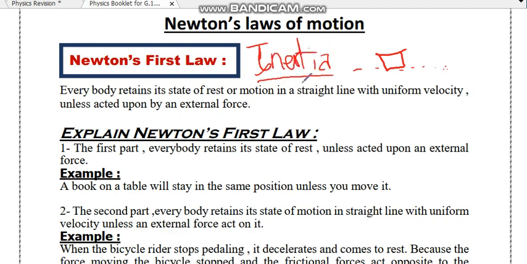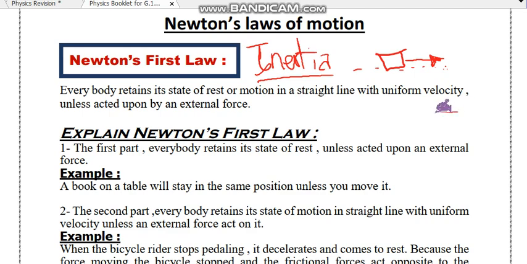So what does inertia mean? Inertia is the tendency of any body to resist changes in its motion when an external force acts upon it. So, what keeps a static body static, and what can we do to move it?